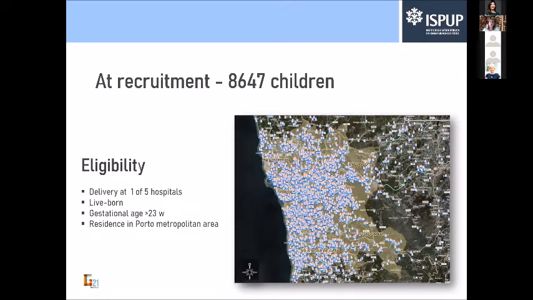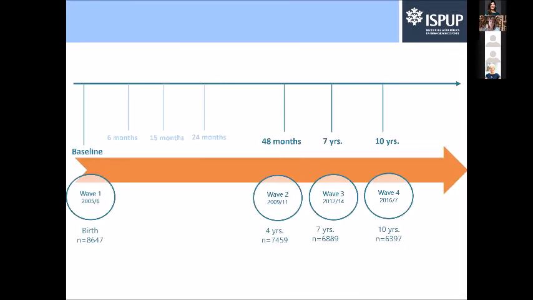We recruited around 8,500 participants from the metropolitan area of Portugal in 2005-2006, and the cohort has been followed throughout childhood and now adolescence of our kids. Unfortunately, as expected, the participation rate has been declining over these years.